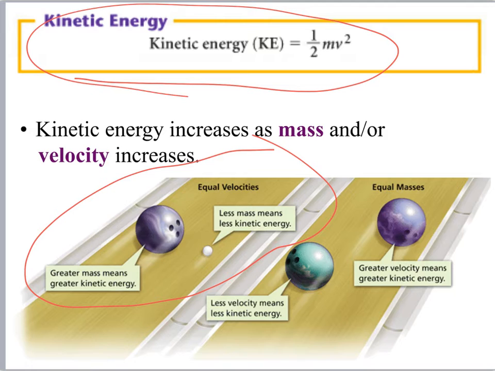In scenario two here, we have two bowling balls that have the exact same masses, but the purple one here is going at a greater velocity. So we would say, therefore, that in this scenario, the purple ball would have the highest amount of kinetic energy.